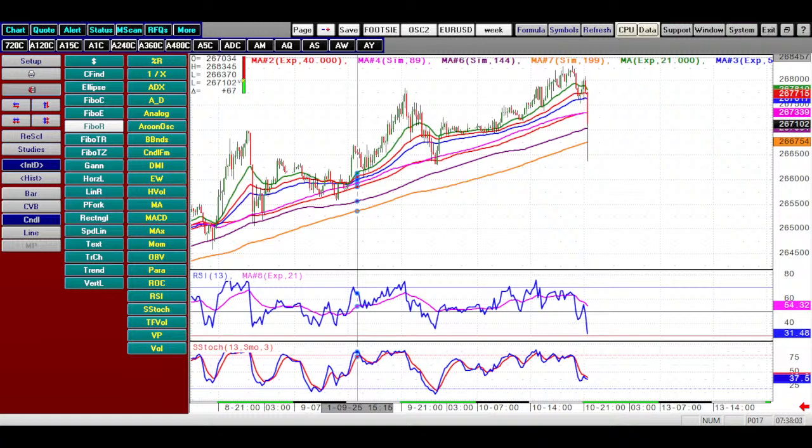I think we can raise it to at least about 67 or 68. Okay, raise it to 68. Let's see the price moving up.